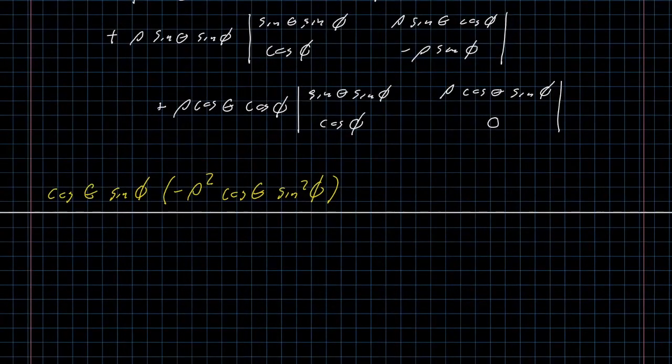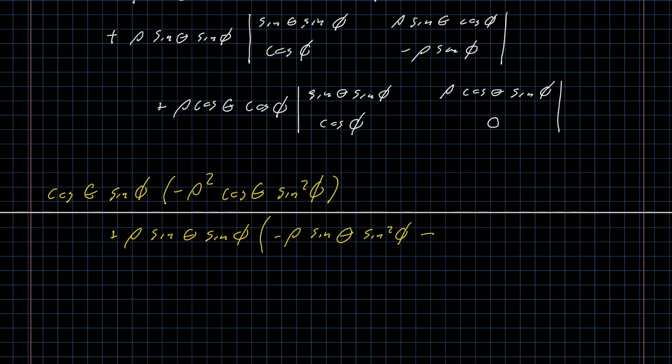In the second row, we have rho sine theta sine phi times sine theta sine phi times minus rho sine phi, which is minus rho sine theta sine squared phi.